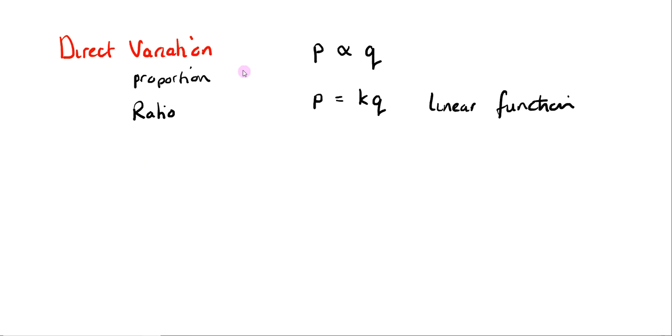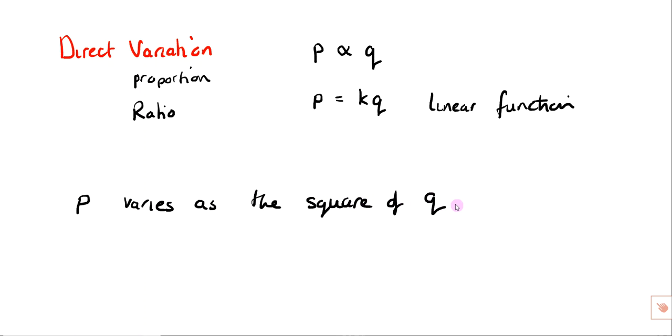So, direct variation, we've got this linear function. However, we can also say, what if P varies as the square of Q?